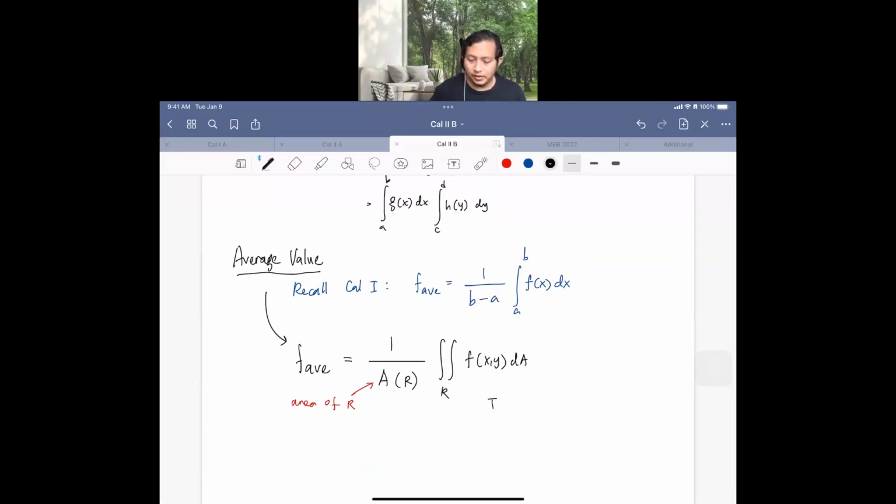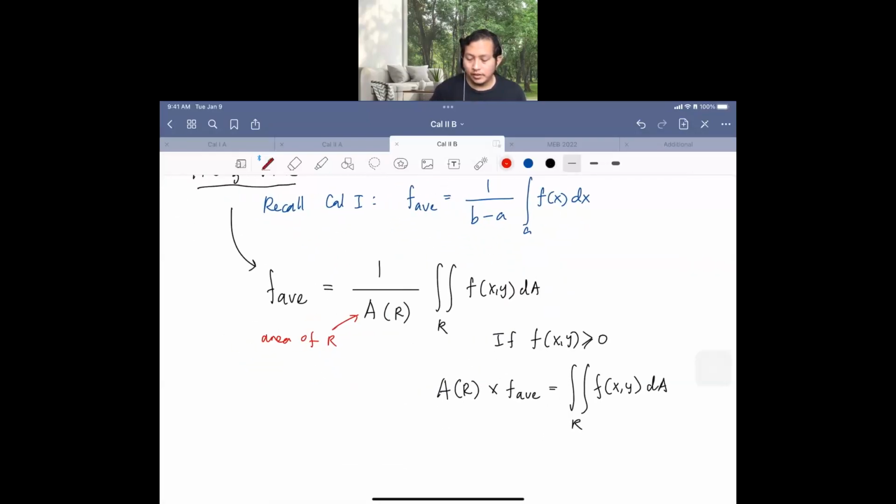If the function is positive, we could write A(R) multiplied by the average equals the double integral. So our double integral consists of two components, the area and the average.